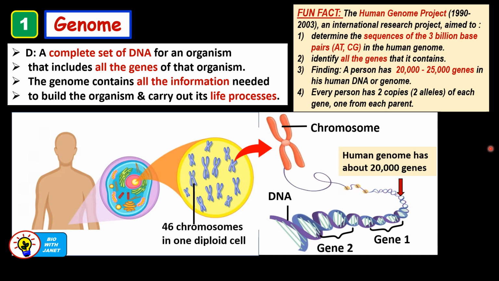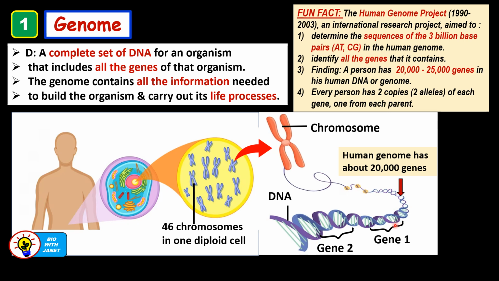Okay, so here is a human being, and let's say this is a human cell. So inside the cell there's a nucleus, and the nucleus for humans has 46 chromosomes, right? And on each chromosome there's a long strand of DNA. So the DNA consists of segments that form the genes, right?